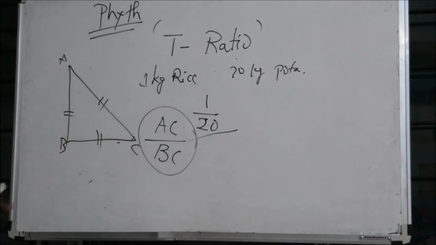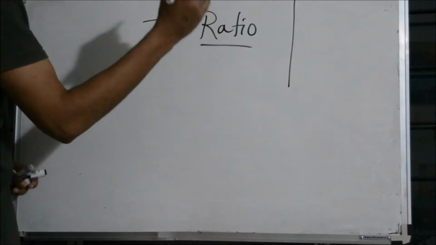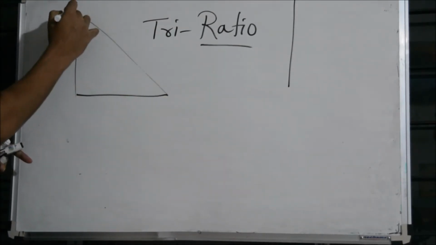These are known as trigonometric ratios. We will see a little bit later how we construct, or define, trigonometric ratios.